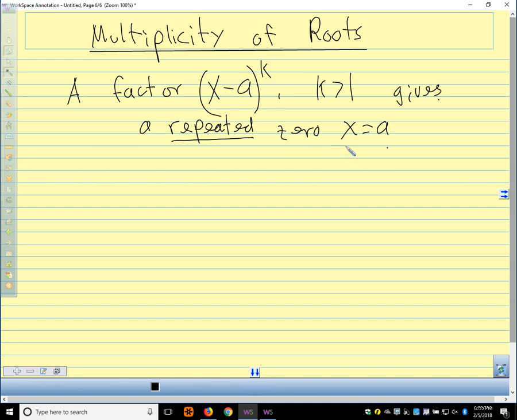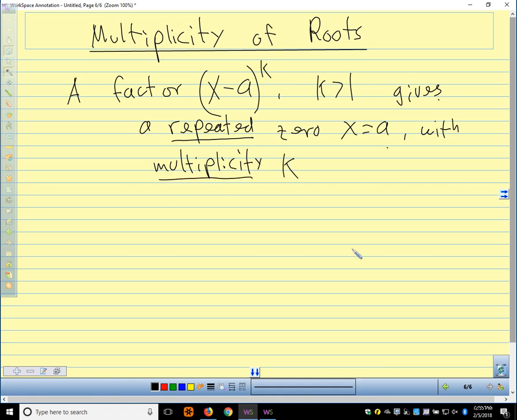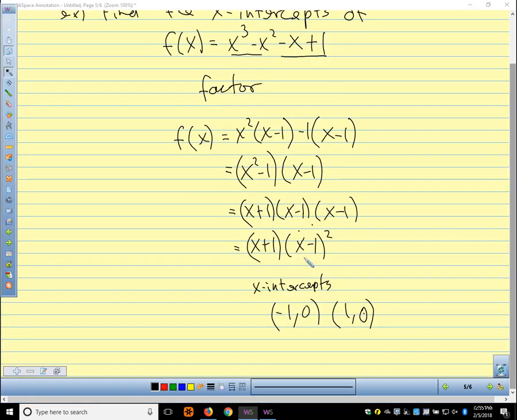So we get a repeated 0, and we say that it has multiplicity k. So I'm just going to pop back here really quickly. Here, I have a repeated 0 of x equals 1, and that 0 has a multiplicity of 2, because we get 2 of them. 1 and 1 here.